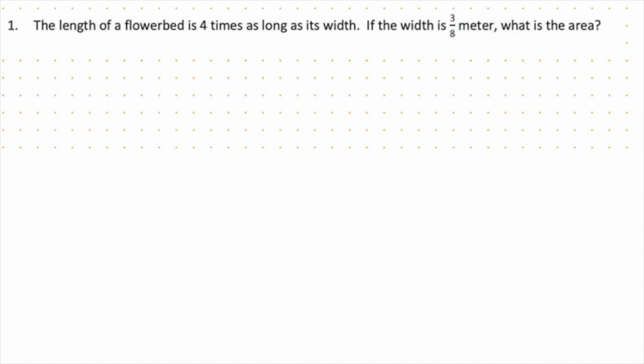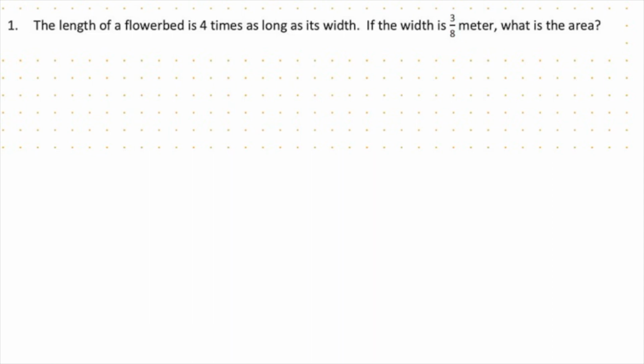To get that point, you need to correctly annotate this question, take a snapshot, and send it to me. Let's read it together again. The length of a flower bed is 4 times as long as its width. If the width is 3/8 meter, what is the area? Looking forward to seeing your answers for the annotation, as well as your work finding the area.